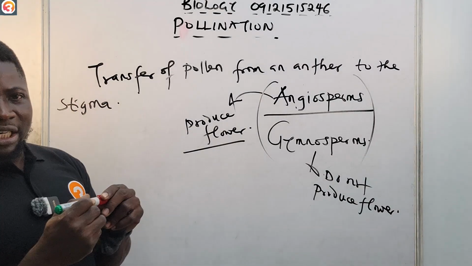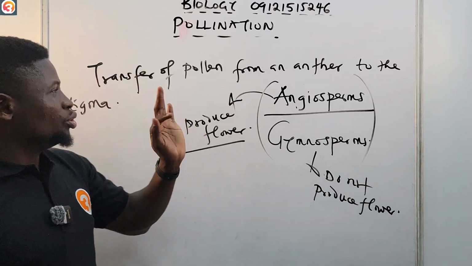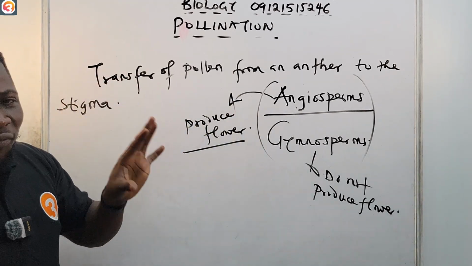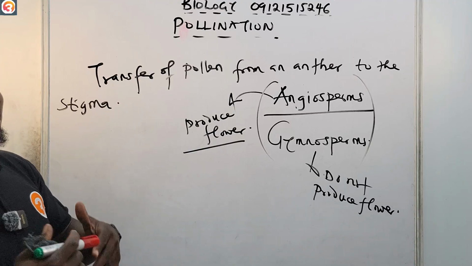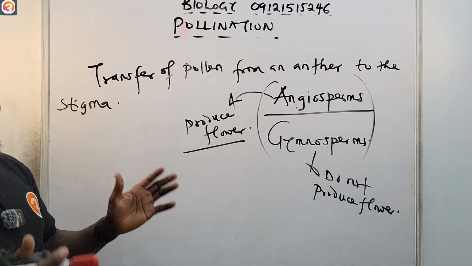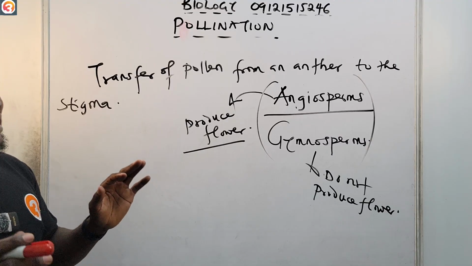So that is pollination: the transfer of pollen from the anther to the stigma.